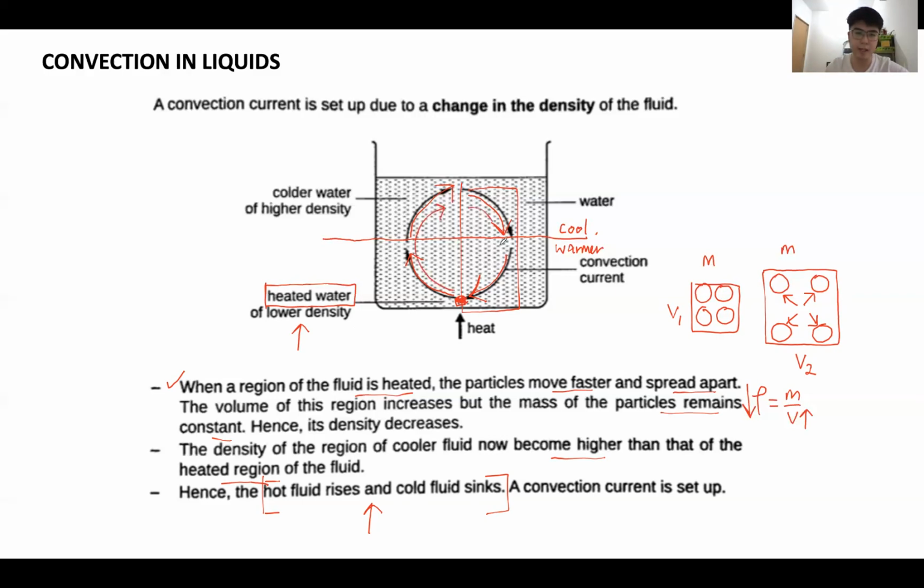It goes in a circular motion, right? Or, as in your notes, it says potassium manganate, right? So it diffuses into the liquid to prove that the distribution is even throughout every part of the liquid.